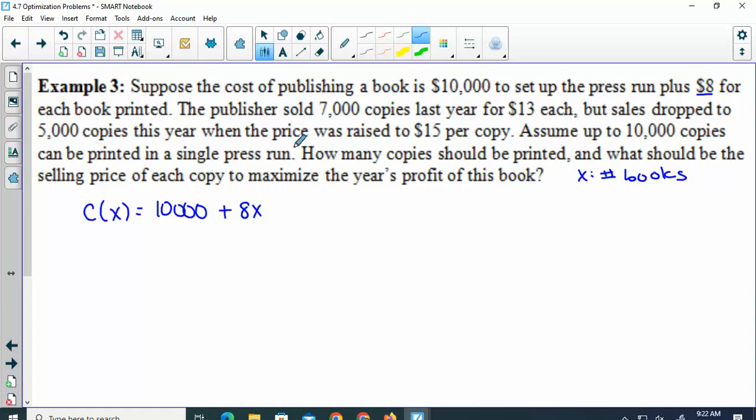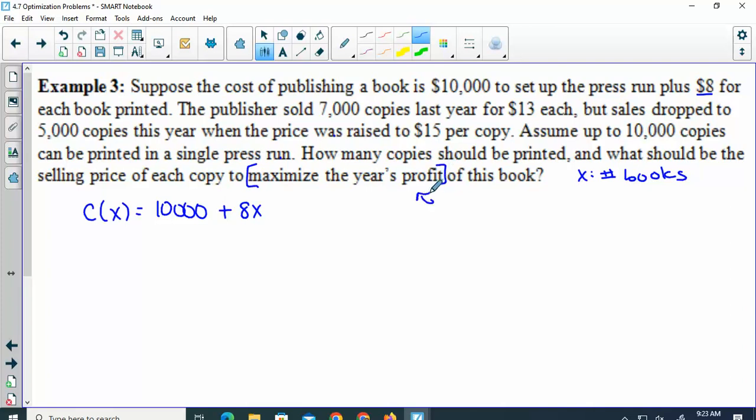The publisher sold 7,000 copies last year for $13 each. The sales dropped to 5,000 copies this year when the price was raised to $15 per copy. Assume up to 10,000 copies can be printed in a single press run. How many copies should be printed, and what should be the selling price of each copy to maximize the year's profit? So I'm trying to maximize profit.